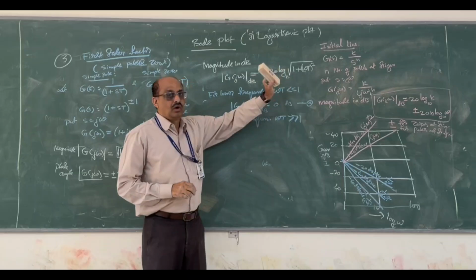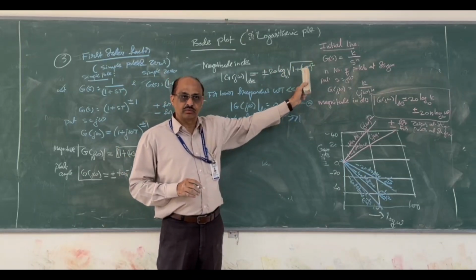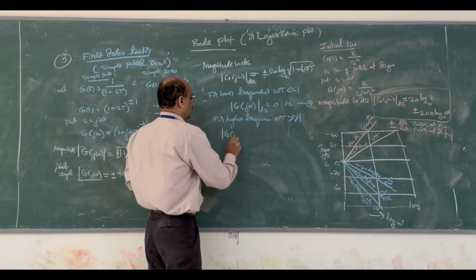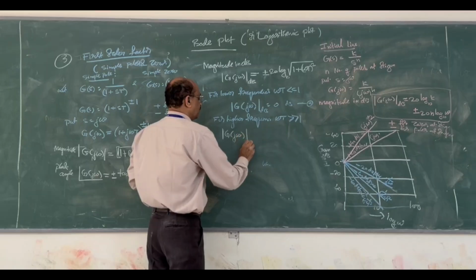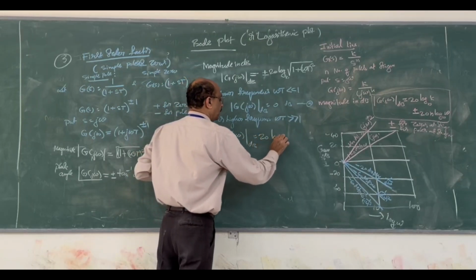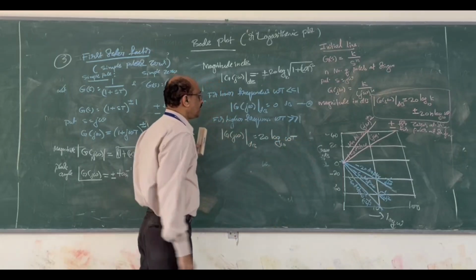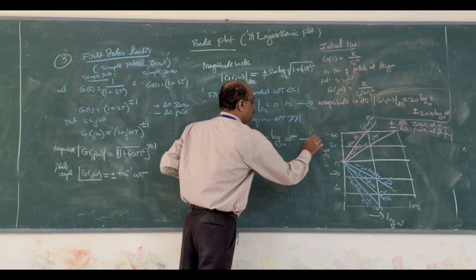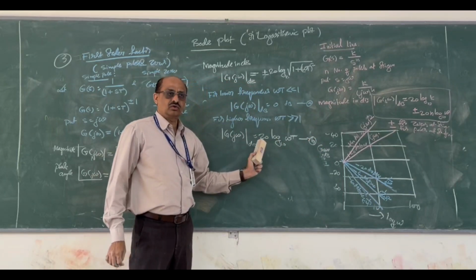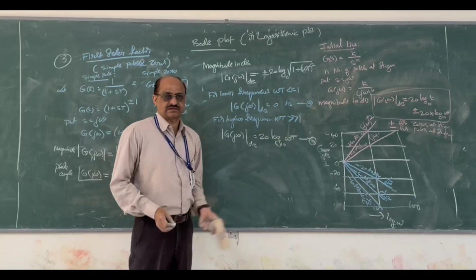One is negligible, so root of omega T square becomes omega T. Then G of J omega in dB is equal to 20 log omega T. I call this B. This can be written as 20 log omega plus 20 log T, and T is a constant anyway.